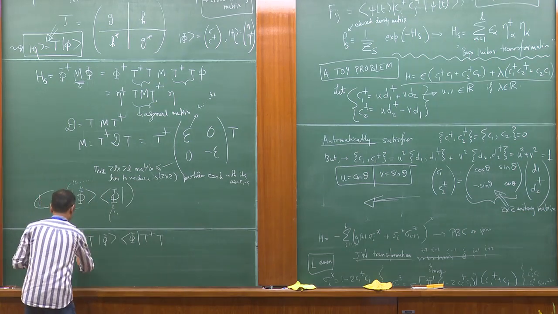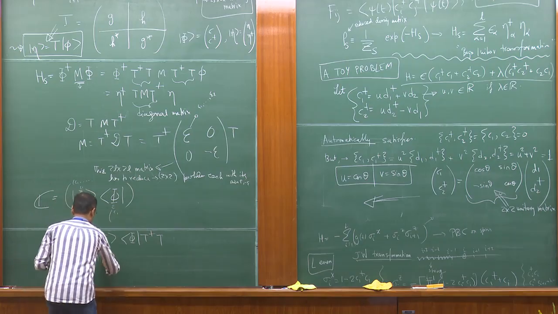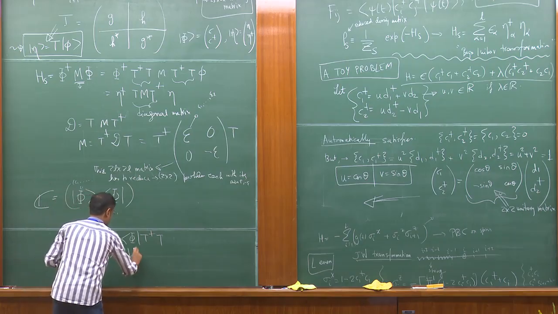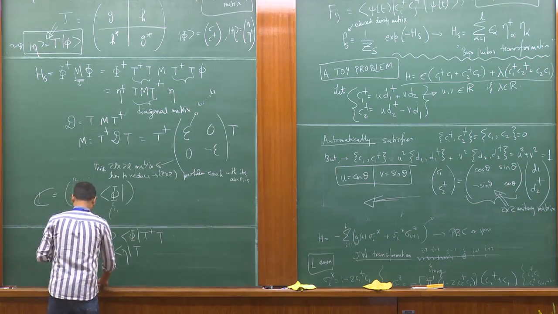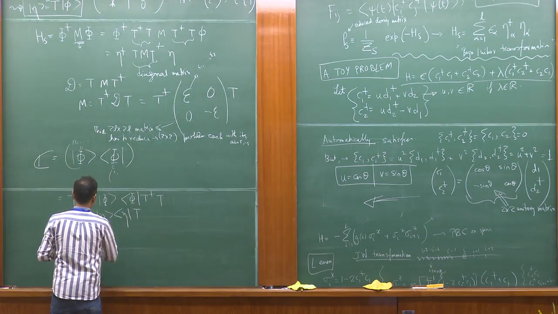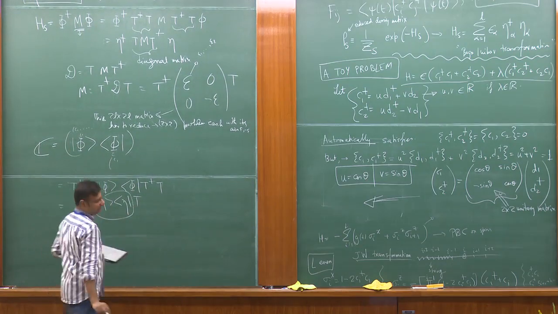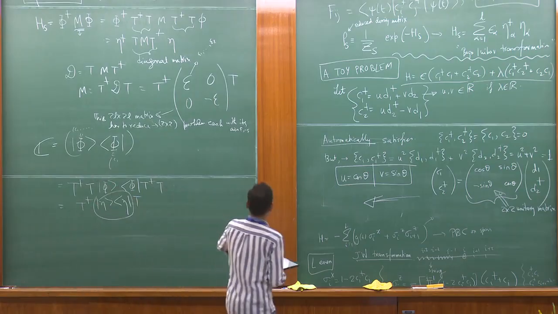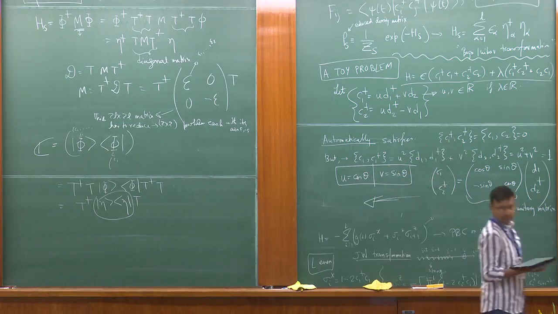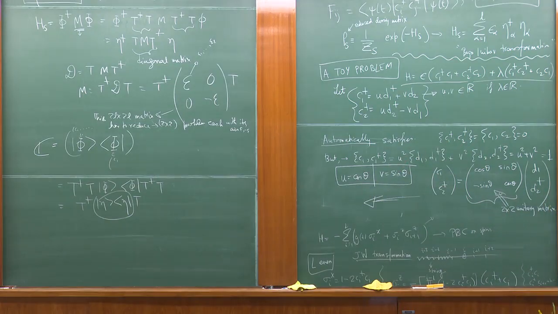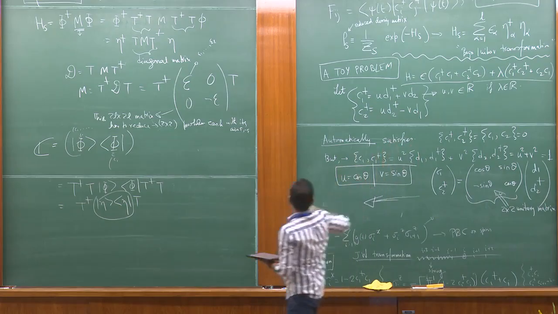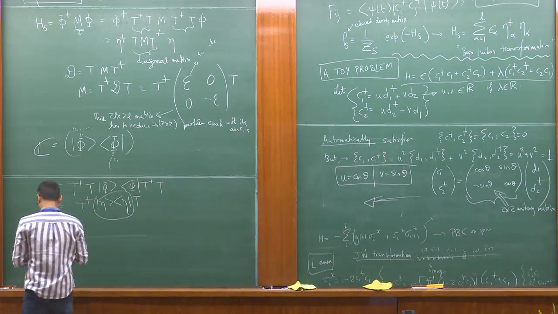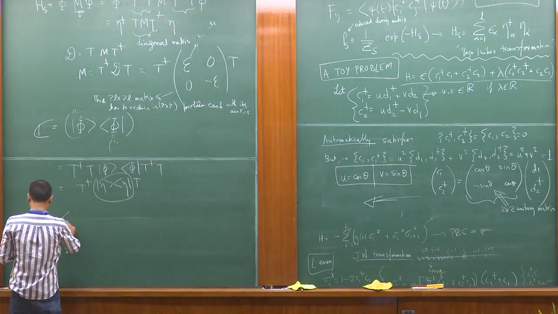Okay. So then this is the diagonal form. But in this diagonal form, the correlation functions are remarkably simple. If the problem reduces to the diagonal form, the only non-zero correlation function in that diagonal form is the following. The only non-zero correlation function.